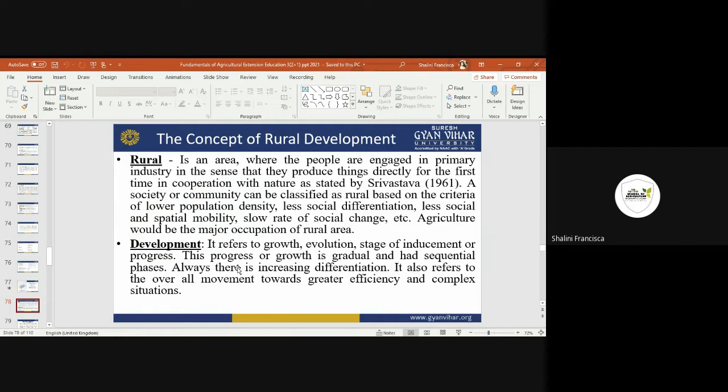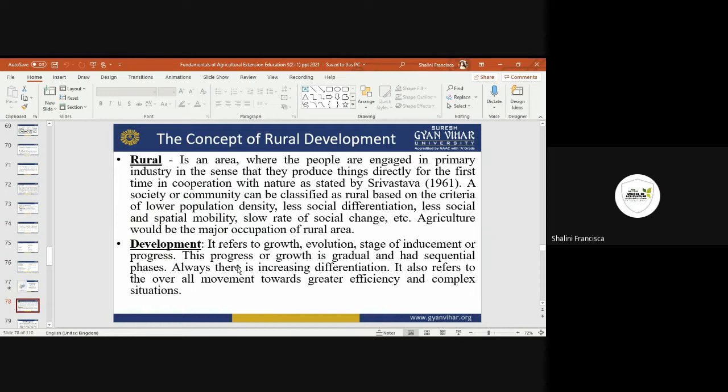In very common language, rural is an area where the people are engaged in primary industry, in the sense that they produce things directly, for the first time, in cooperation with nature.